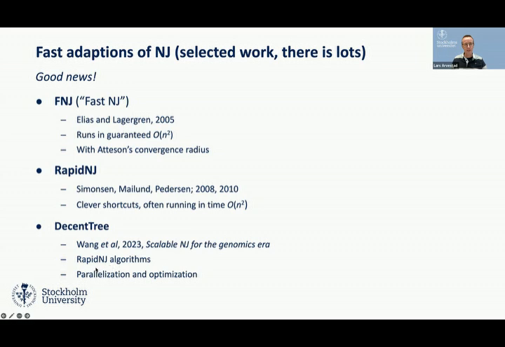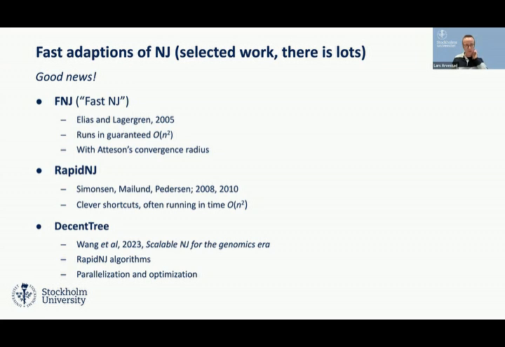They simply started their work, as I understand it, with the RapidNJ algorithms, but worked more on the engineering side and added parallelization, for example, making a very quick and fast tool.